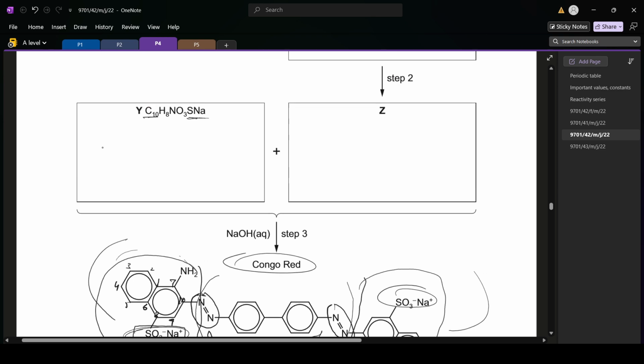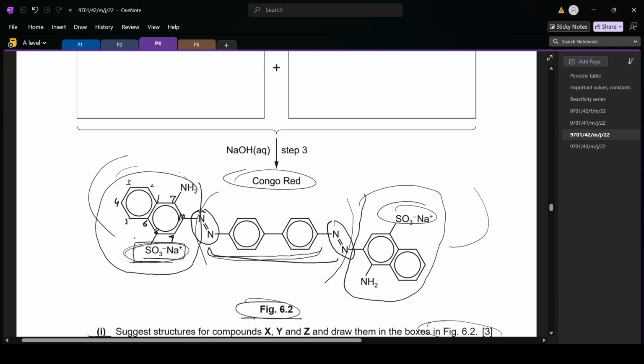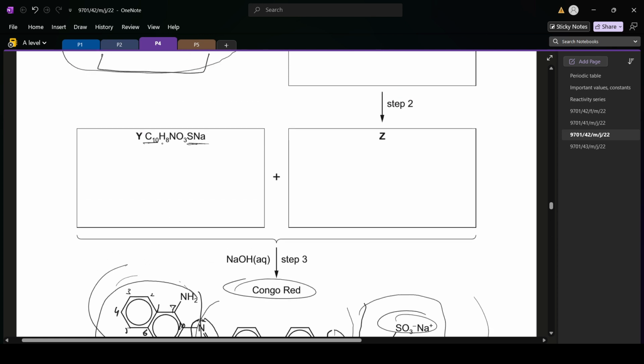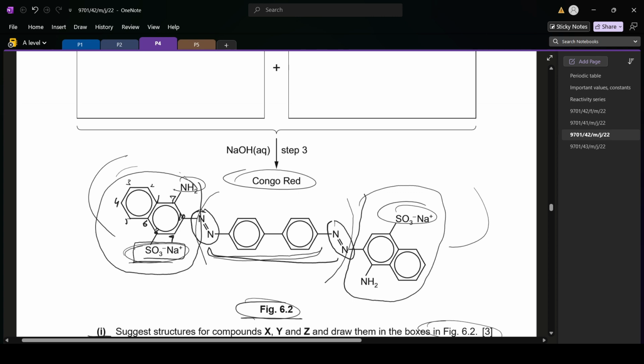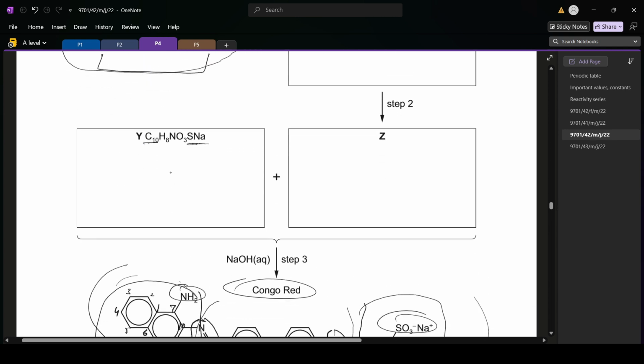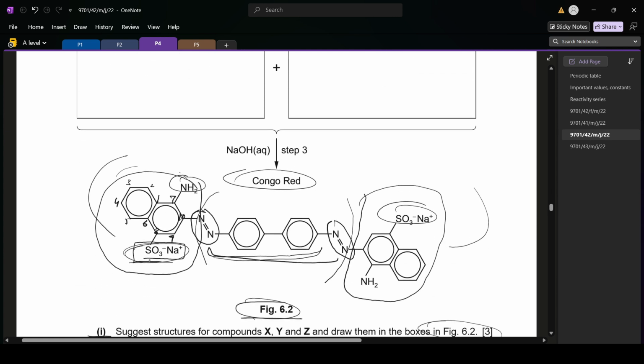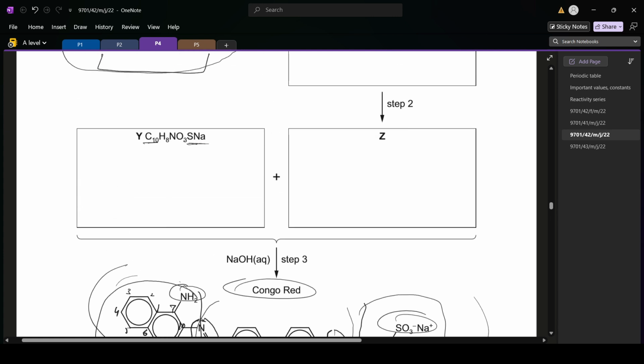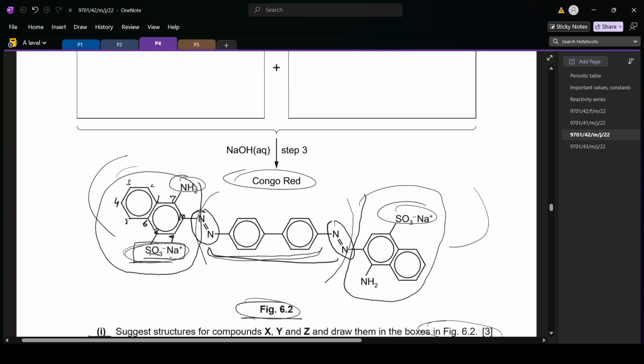So there are 10 carbons, and if you count the hydrogens it will be 8, and there is one nitrogen, three oxygens, and then sulfur and sodium.